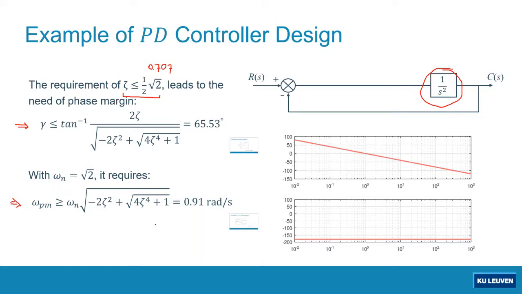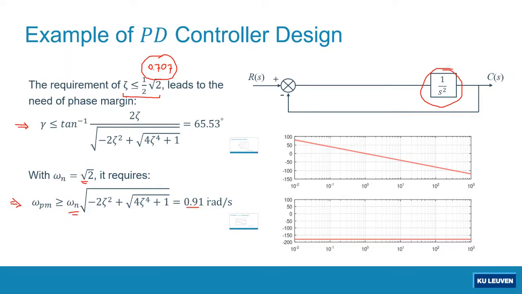Why is it like that? Because we want to have omega n exactly at square root of 2, but the zeta can be anything less than or equal to 0.707. This means our omega pm, our phase margin frequency, can be anything greater than 0.91.